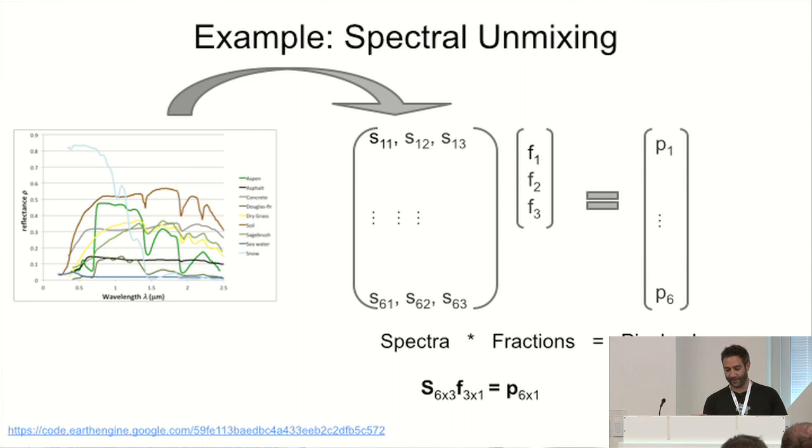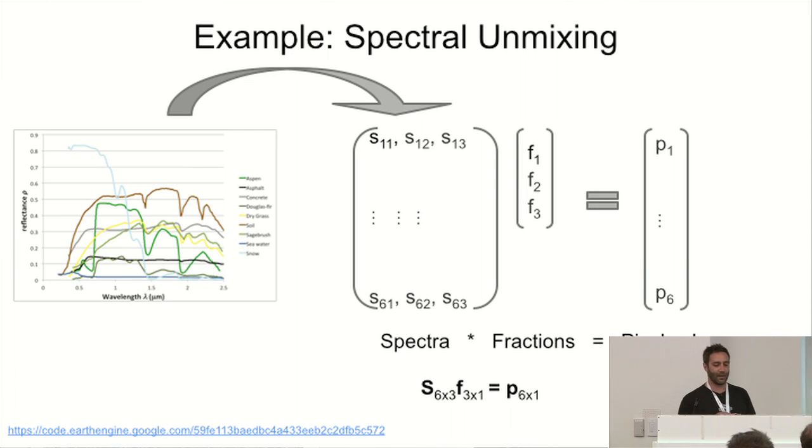And I've drawn it this way so that this equation works out like this. S is for spectra, F is for fractions, and P is for pixel. And you want to solve this equation at the bottom here for F. That's the purpose of the linear spectral mixing model.